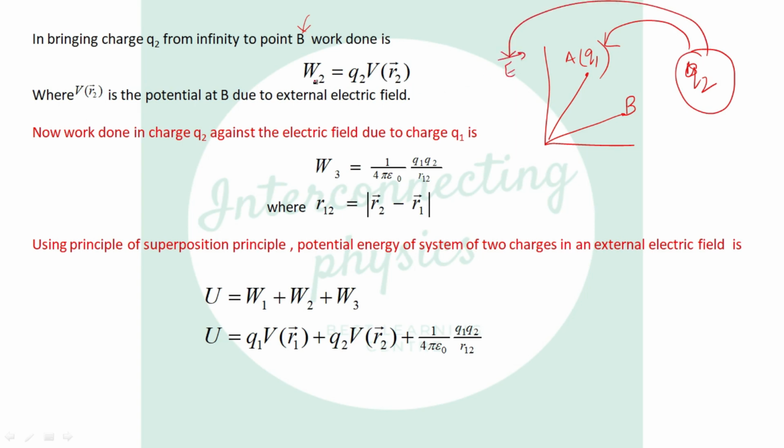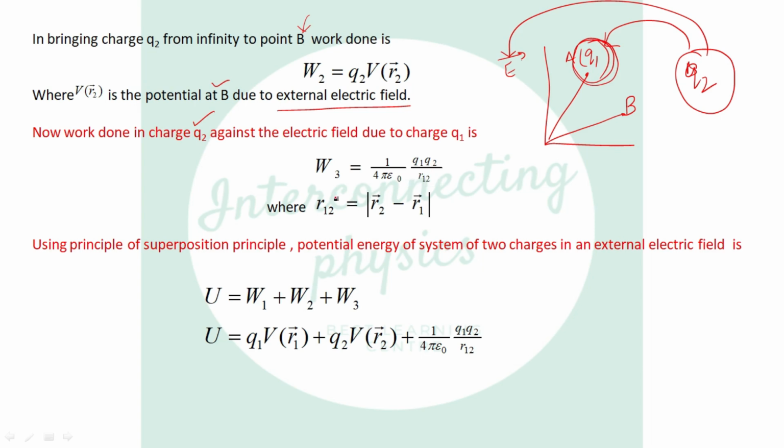So W2, first, will be the work done when this charge is coming from infinity into the external electric field, that is W2 equals Q2 V(R2), where V(R2) is the potential at B due to the external electric field. And the work done in bringing the charge Q2 against the electric field of Q1 will be W3 equals 1 over 4 pi epsilon naught Q1 Q2 over R12.